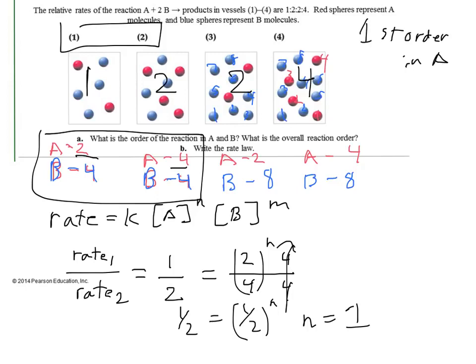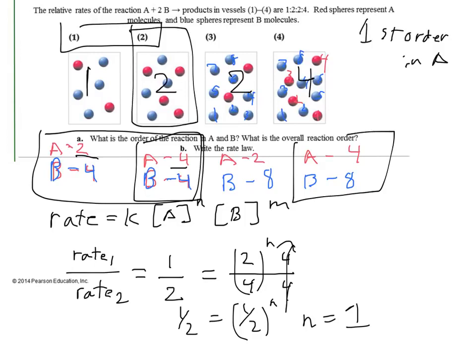Now let's try it for B. We need to hold A constant this time, but change our concentration of B's. So I'm going to choose 2 and 4. When I do that, I'm choosing rate 4 divided by rate 2.